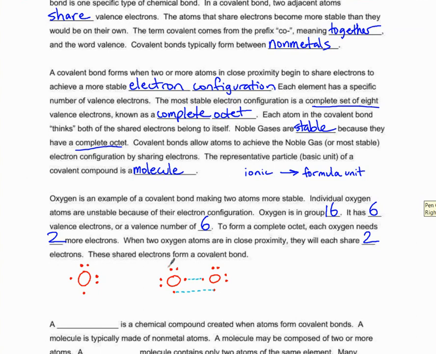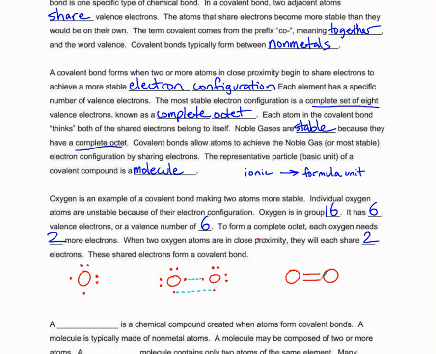If you look at the oxygen on the left, it only has 6 electrons of its own, but it thinks that this electron belongs to itself, and it thinks that this electron will belong to itself. So really, it thinks that it has 1, 2, 3, 4, 5, 6, 7, 8. So here's one oxygen, here's the other oxygen, and here's a covalent bond, which are these two shared electrons.